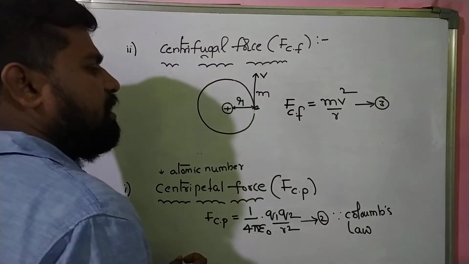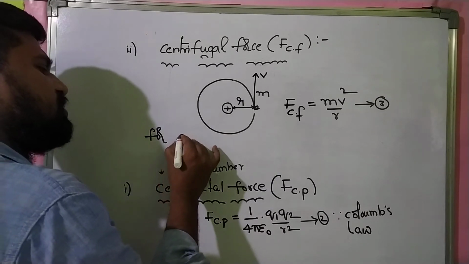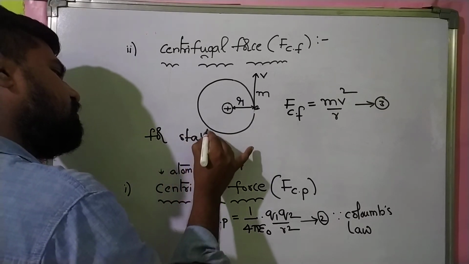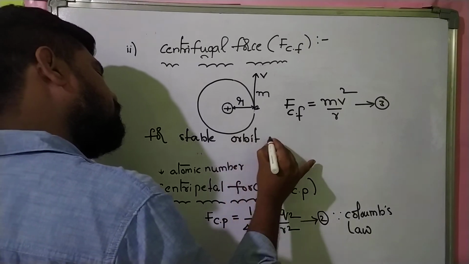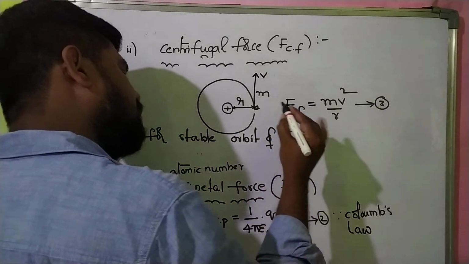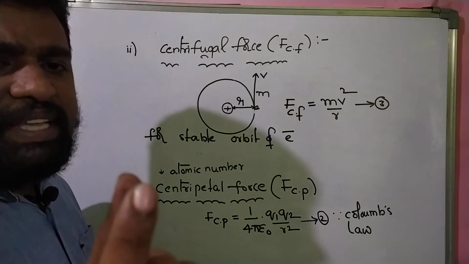Now for stable orbit of electron, according to Bohr's model, the atom exists.